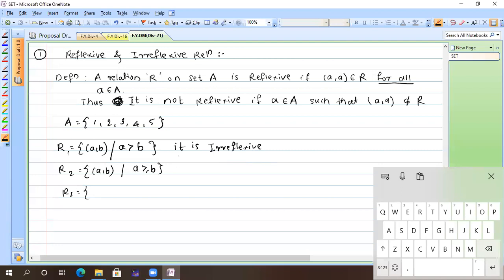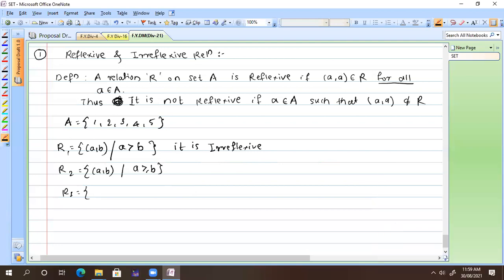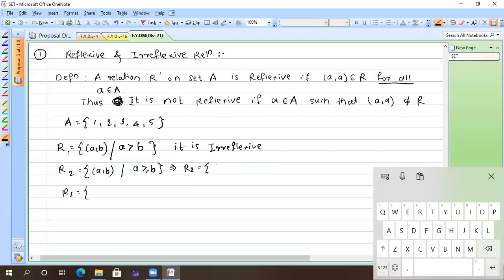What about the second? Sir, it is reflexive. How is it reflexive? Tell me. Because b can be equal to a, sir, like 1 equals 1 and 1 is greater than or equal to 2, like that. Okay. So suppose I write down all the elements which are contained in R2. The first element I will get is (1, 1), then (2, 2), (3, 3), (4, 4), and (5, 5).